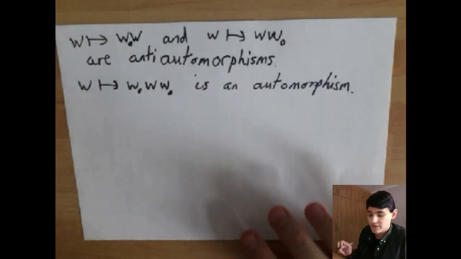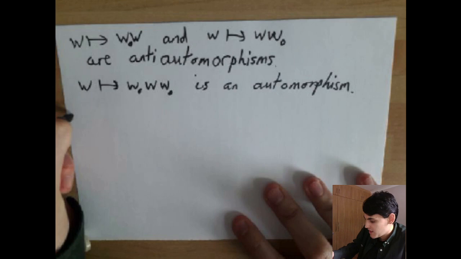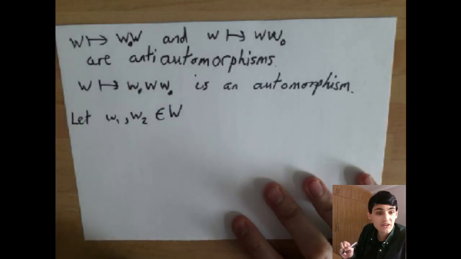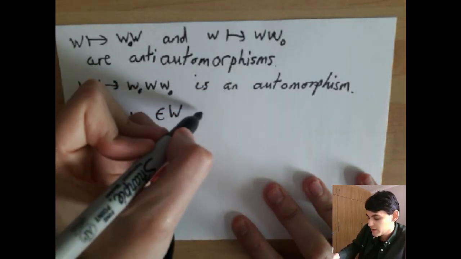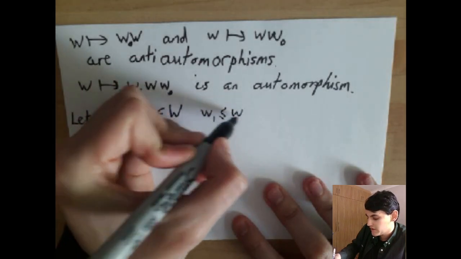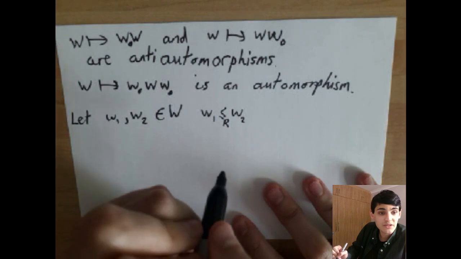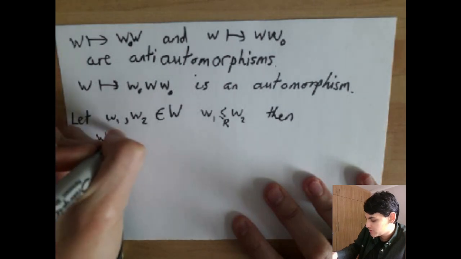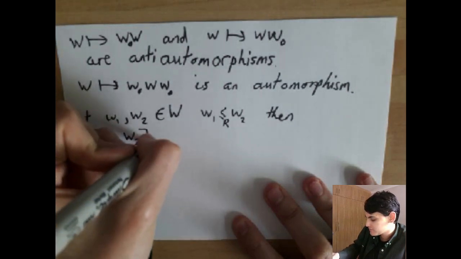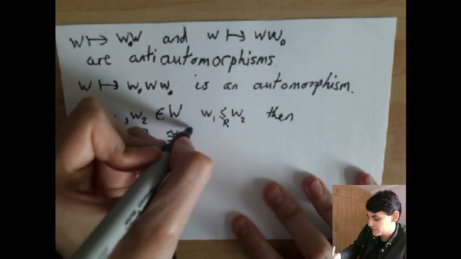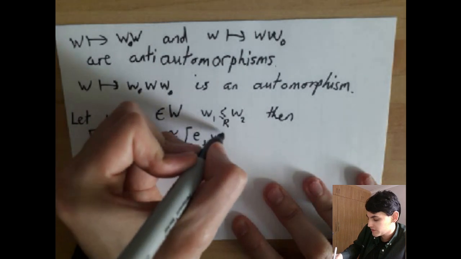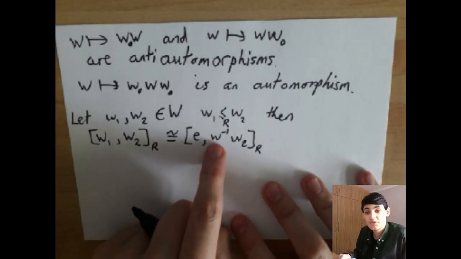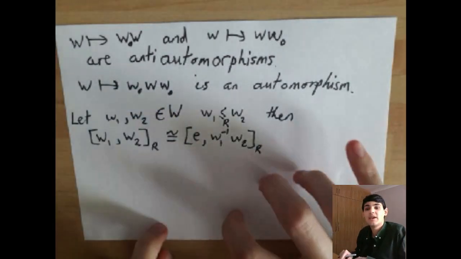It says if we let W1 and W2 be in our Coxeter group W, and we've got W1 less than or equal to W2 in the right weak order, then the interval W1 to W2 is isomorphic to the interval starting at the identity and going to W1 inverse W2.